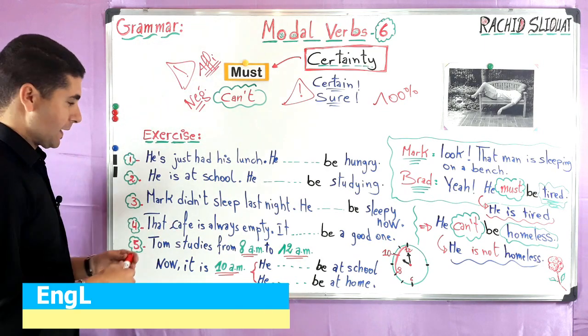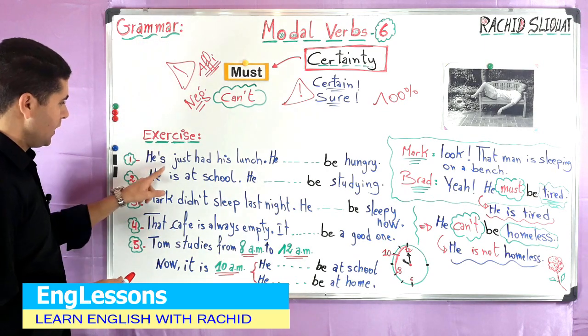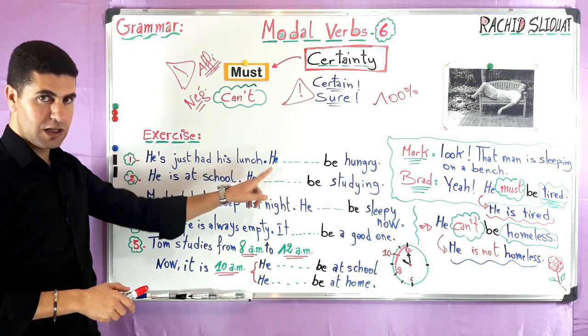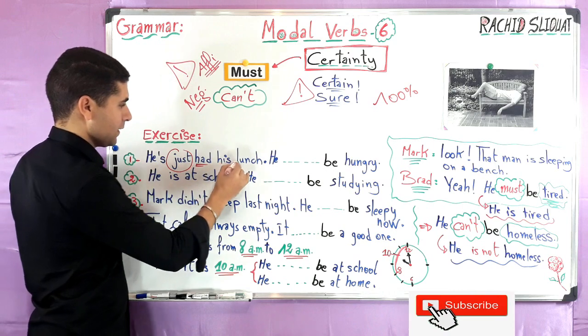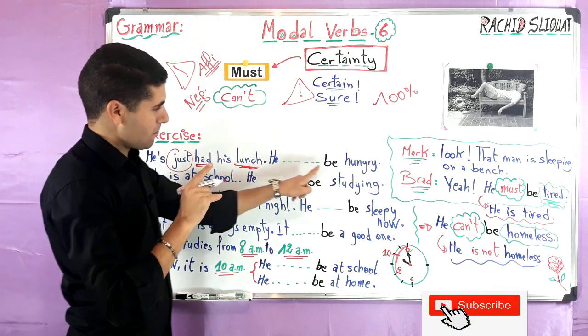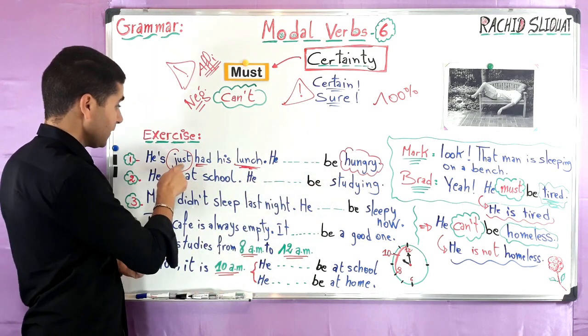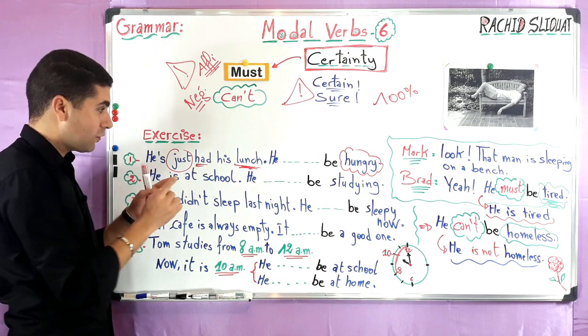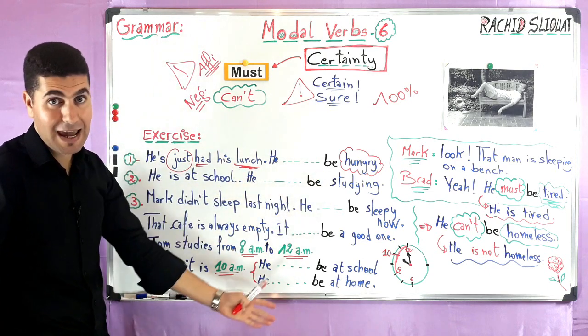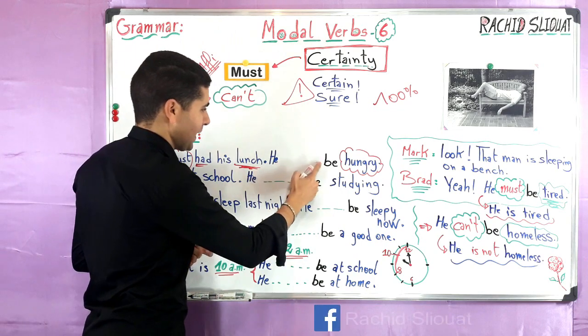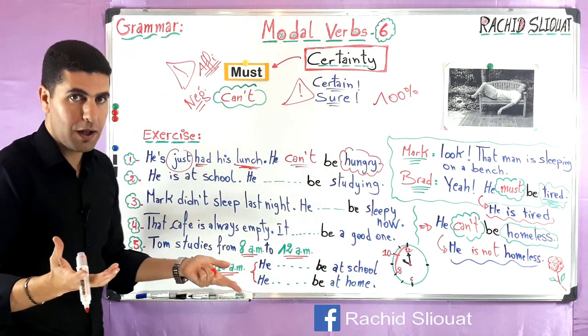Okay, now let's go back again. Let's start with number one. He has just had his lunch. He blank be hungry. Somebody who has just had his lunch is hungry? For sure he can't be hungry. Why can't he be hungry?